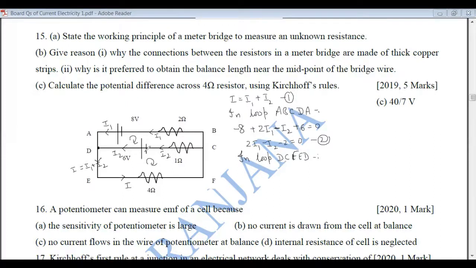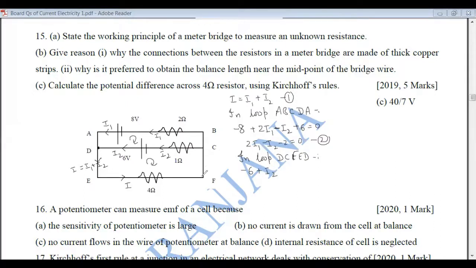As we are moving from positive to the negative terminal inside the cell, the potential difference is taken as negative, so minus 6 according to the sign convention. Then I2 into 1. As the direction considered is opposite to the direction of the current, 1 into I2 will be taken as positive.